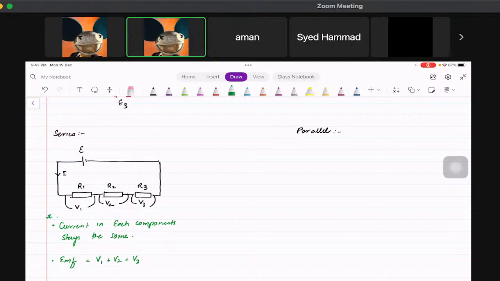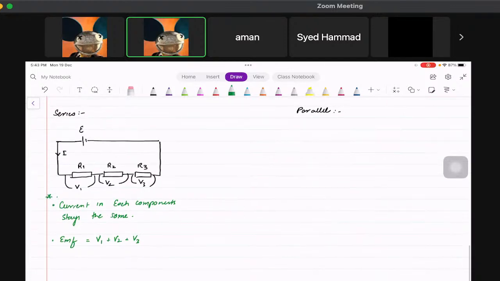So now, since we know that EMF can be written as current into R, this is I times R1 plus I times R2 plus I times R3, because voltage is current into resistance. So I is the same, it will be cancelled.